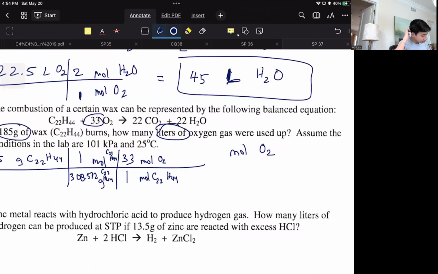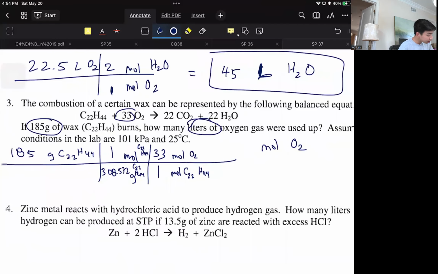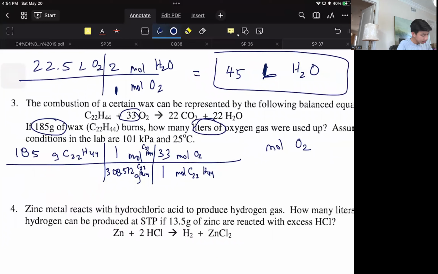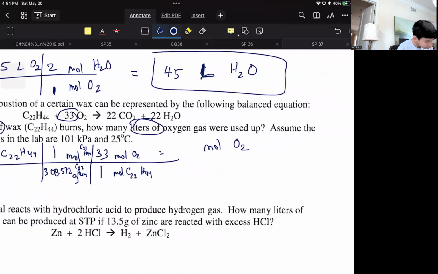And so you multiply all this together, times 33, you're going to get 19.78 moles of O2.